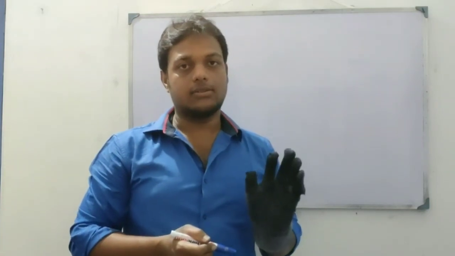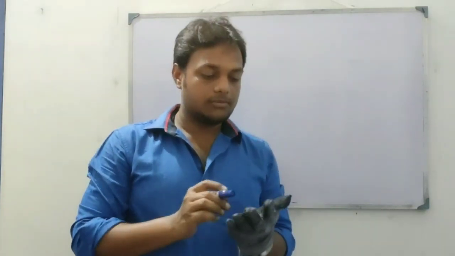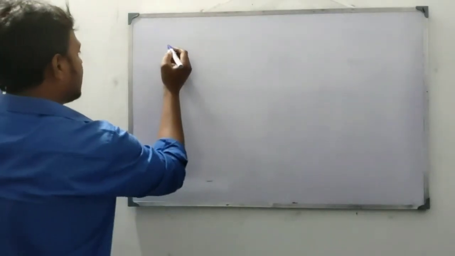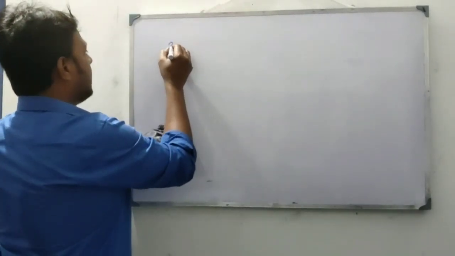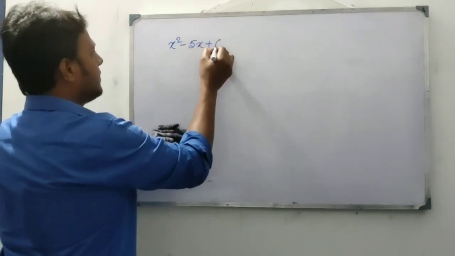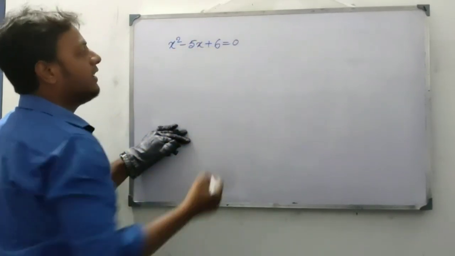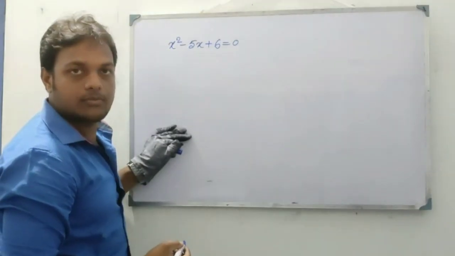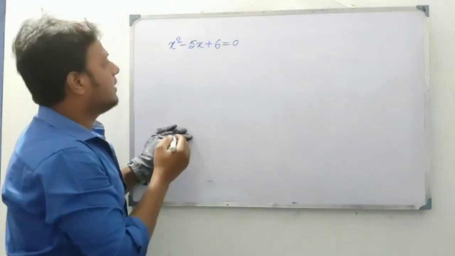Suppose I give you a quadratic equation, x square minus 5x plus 6 equals to 0, and you have to find the roots.